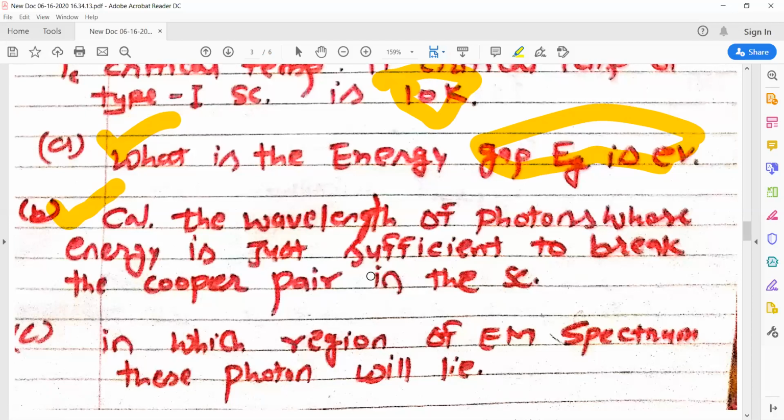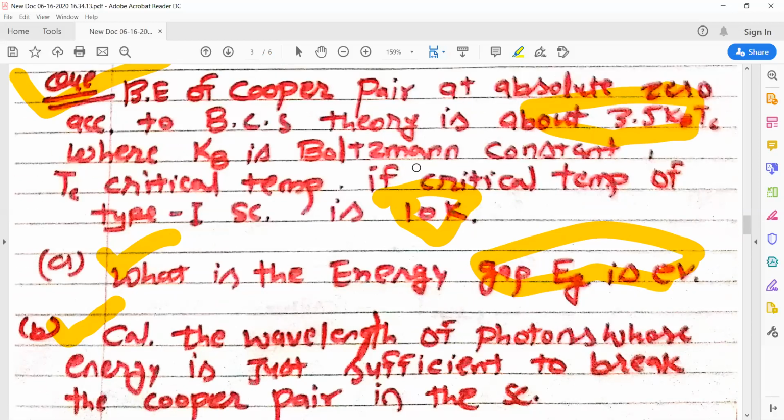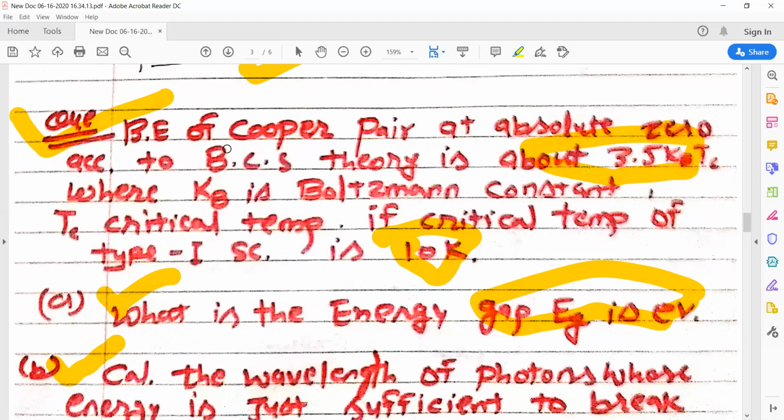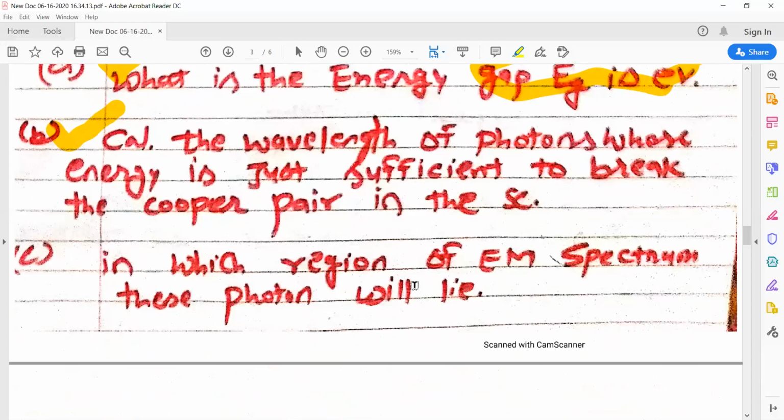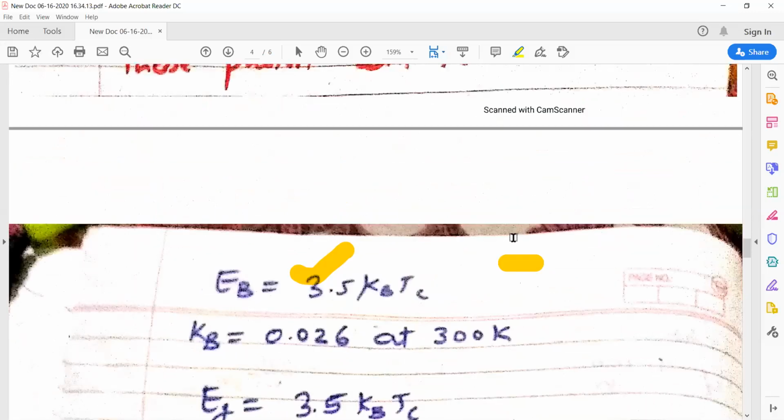Okay, so in this question they have given 3.5 kBTc for the energy gap. Now they are asking for the energy gap Eg, which is equivalent to 3.5 kBTc. So we can write 3.5 kBTc, where Tc is given as 10 Kelvin.